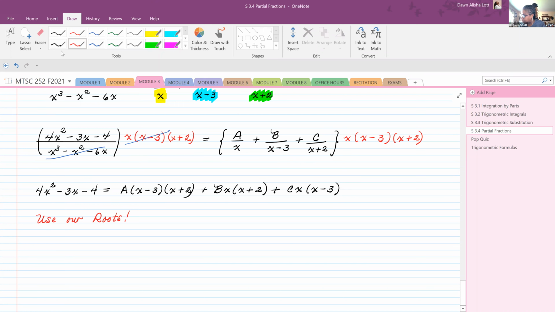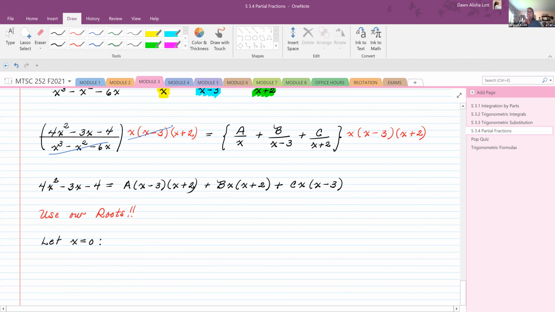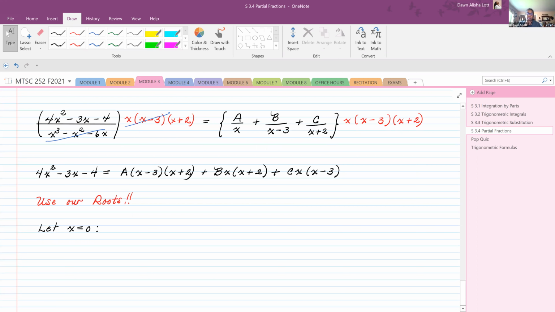So the first one, let x equal 0. What do you get on the left-hand side of the equation when x is 0? Would that be negative 4? Good. And then on the right-hand side, you want to continue, Maria?